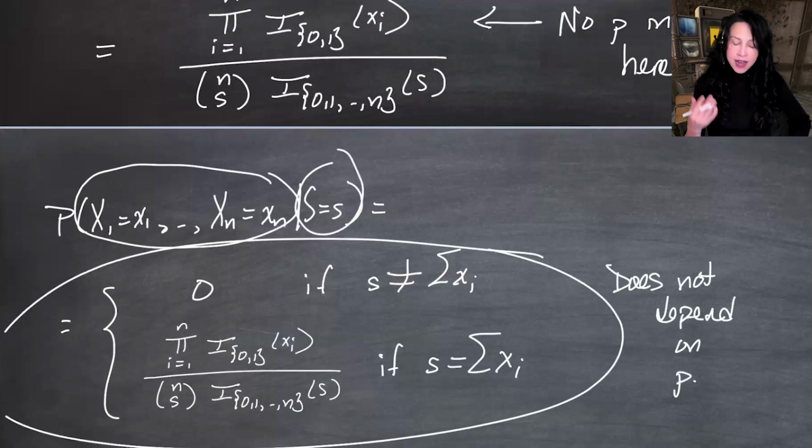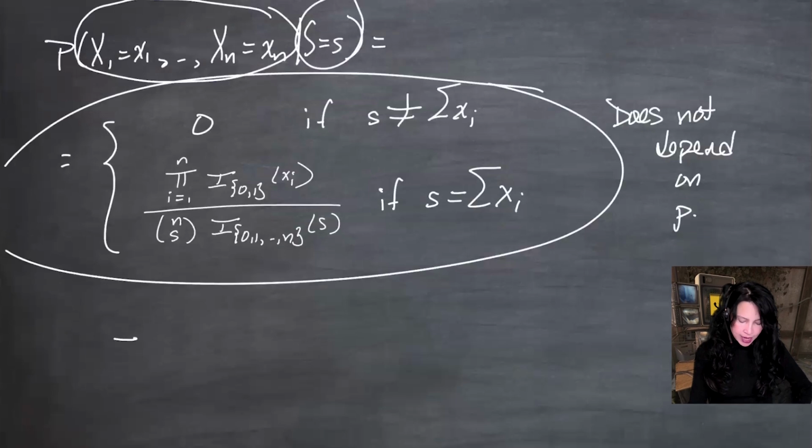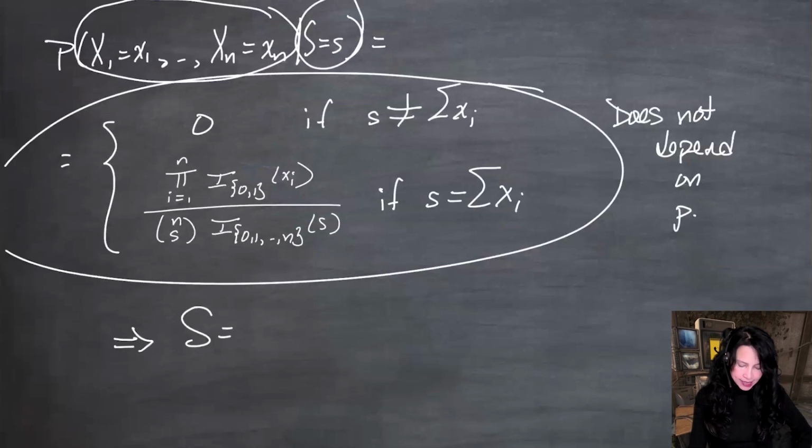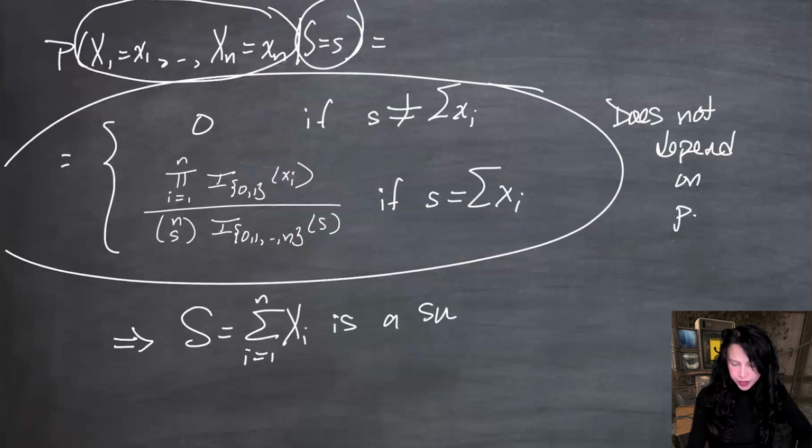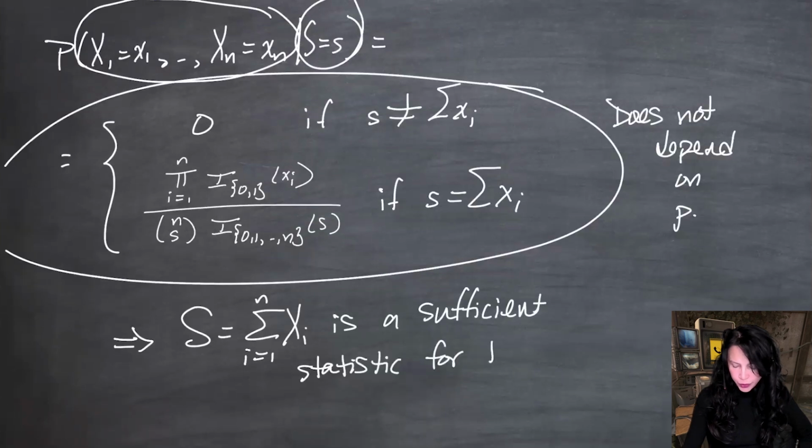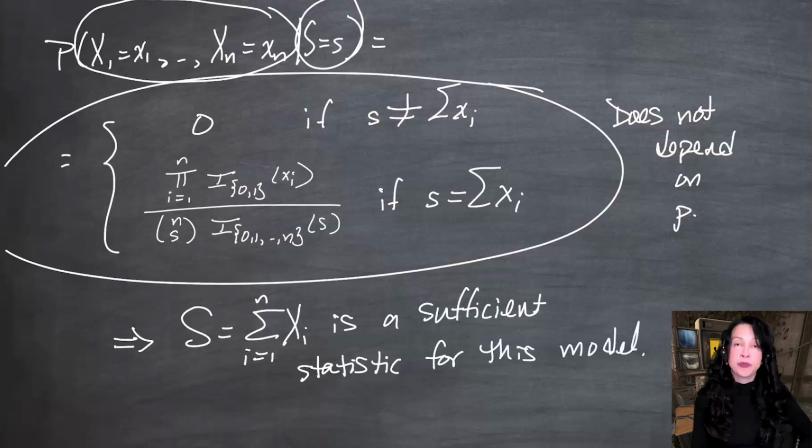We got something that does not depend on p, and this implies that the statistic s, which is the sum as i goes from 1 to n of the x_i, is a sufficient statistic for this model, for the Bernoulli distribution, for estimating p or any function of p for the Bernoulli distribution.